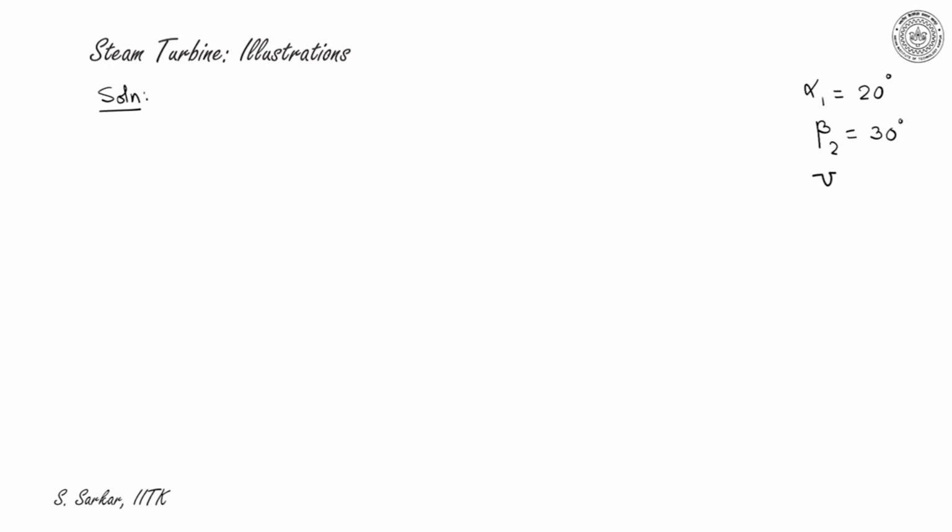U is equal to 130 meters per second, that's the blade speed. C1, that is the velocity at exit of the nozzle, is 330 meters per second.